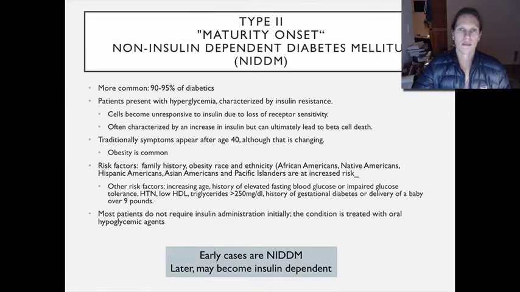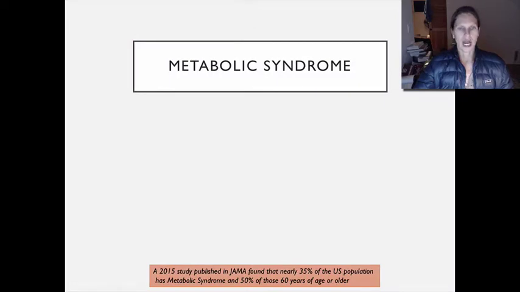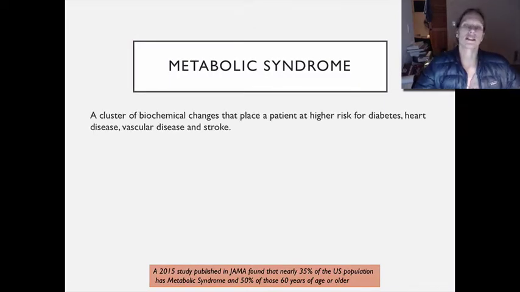Most people with non-insulin dependent diabetes do not require insulin. Instead, they're going to be started with oral agents. Later on down the line, they may become insulin dependent. Okay, so there's a strong correlation between metabolic syndrome and the development of non-insulin dependent diabetes.